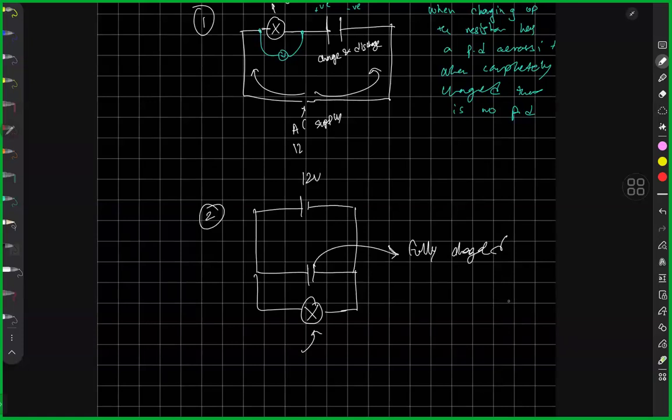Take a guess. Do you think the bulb glows after the capacitor is fully charged in this setup when it's parallel? Yes or no? It glows or not?